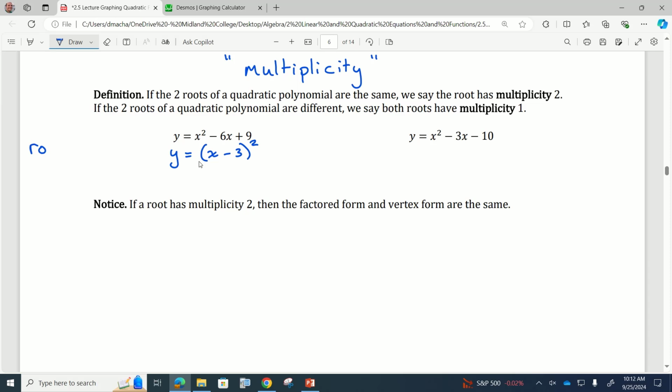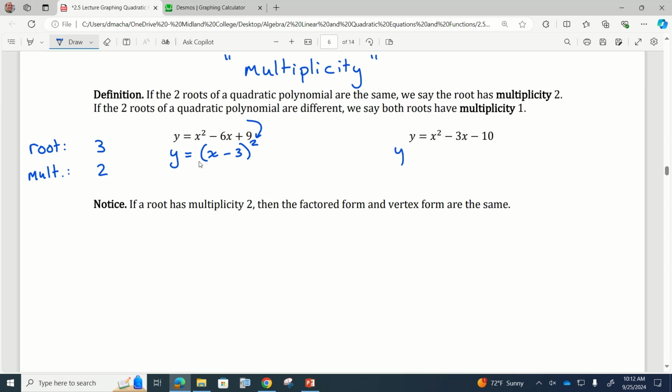So the root of this polynomial is positive 3, but the multiplicity of this root is 2. I say the multiplicity is 2 because the corresponding factor to the root positive 3 looks like (x minus 3), and this shows up 2 times in my polynomial. So that little exponent 2 is telling you the multiplicity of the corresponding root is 2.